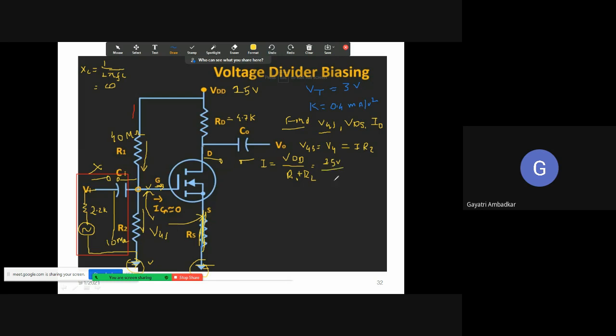So what is R1 plus R2? 40 mega ohm plus 10 mega ohm, so 40 plus 10, in mega ohm. If you solve, it will give you 0.5.